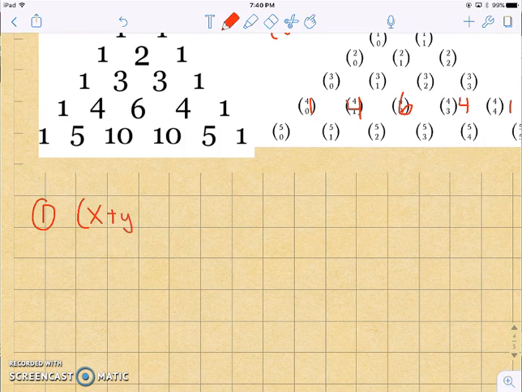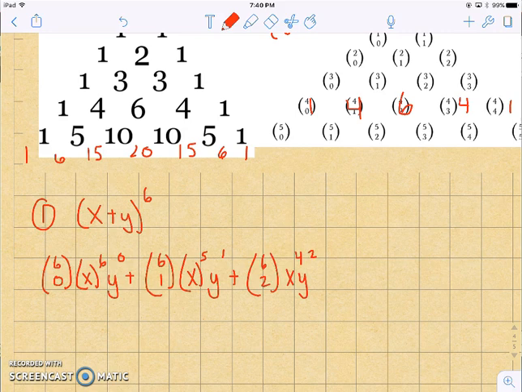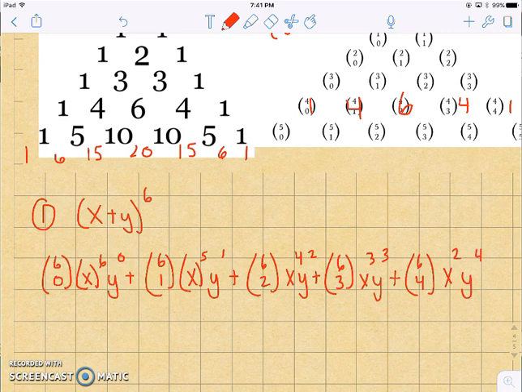If we have x plus y to the 6th, rather than go to Pascal's triangle and write out that 6th row each time, we start with 6c0 times x to the 6th, y to the 0, plus 6c1, x to the 5th, y to the 1st, plus 6c2, x to the 4th, y squared, plus 6c3, x to the 3rd, y to the 3rd, 6c4, x squared, y to the 4th, plus 6 choose 5, x to the 1st, y to the 5th, plus 6c6, x to the 0, y to the 6th.